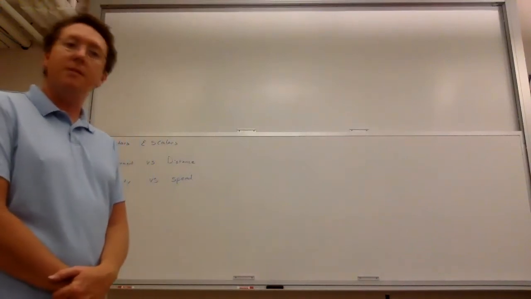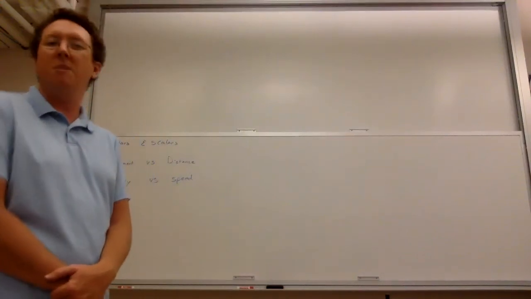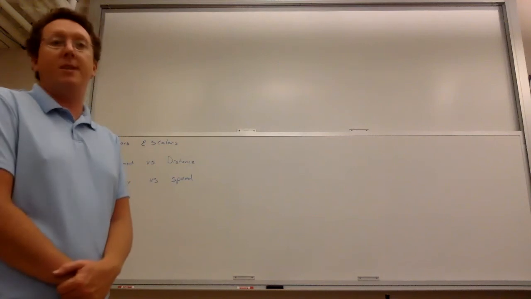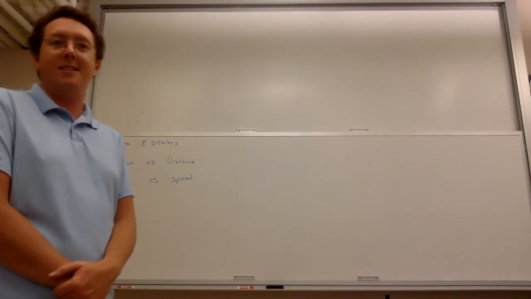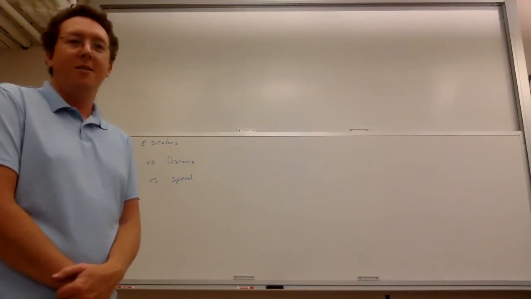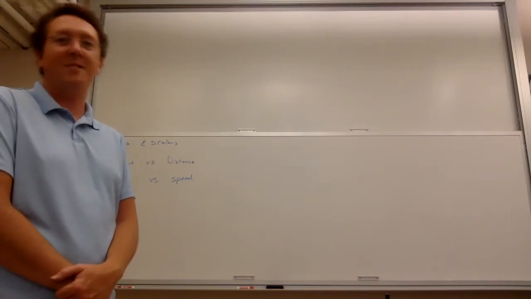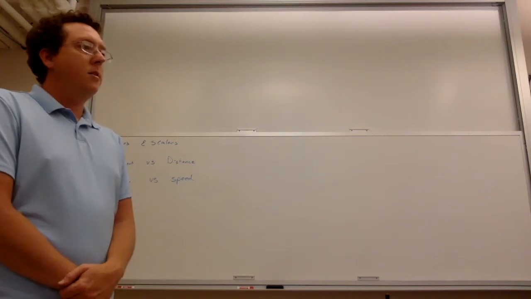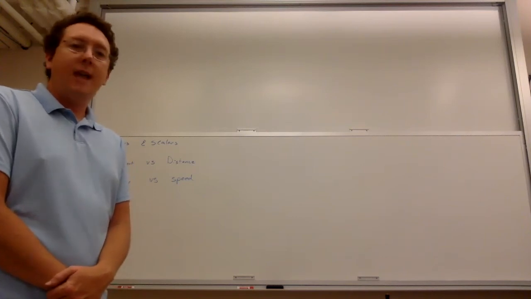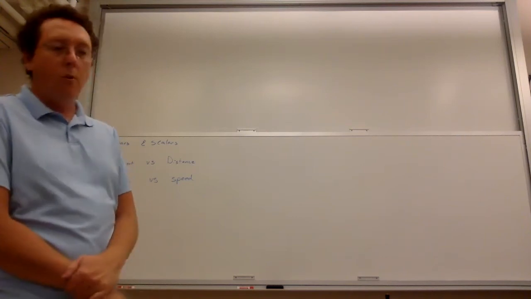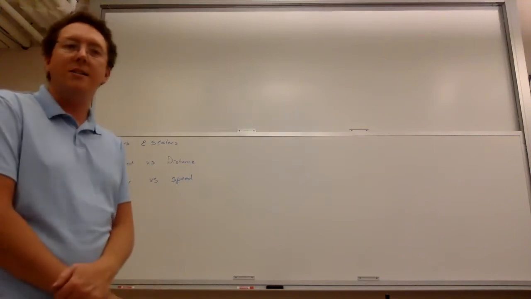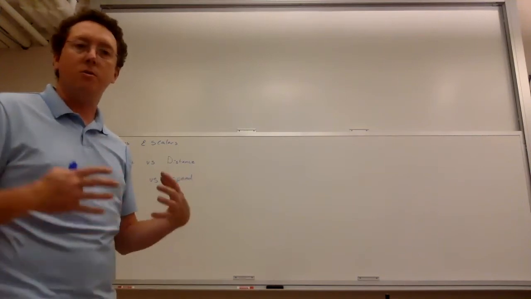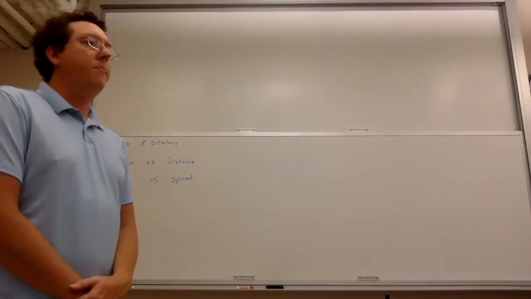One was positive, one was negative. But physically we know there's a difference, right? It's like the difference between being in front of the car or behind the car. It's a big difference. One you get hit and one you don't. But the distance didn't care about whether I was moving forwards or backwards. It was just the size, just the magnitude, just a number.